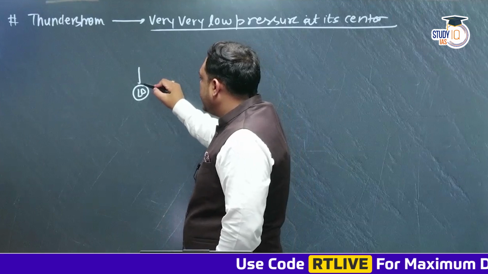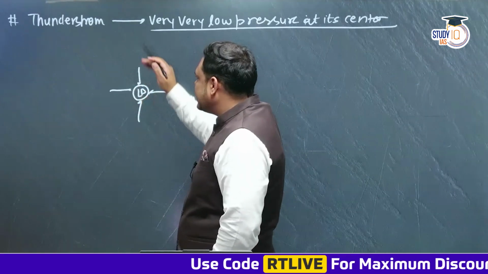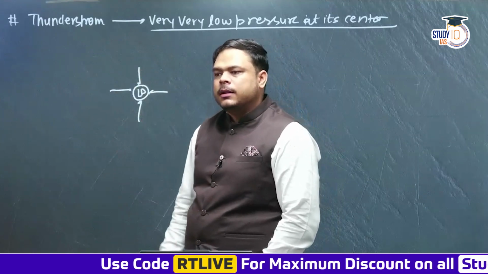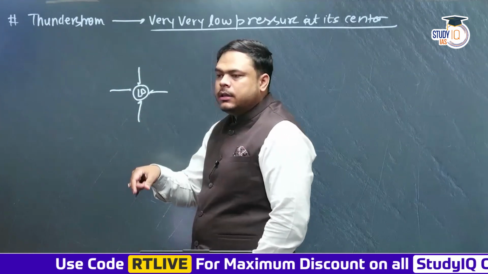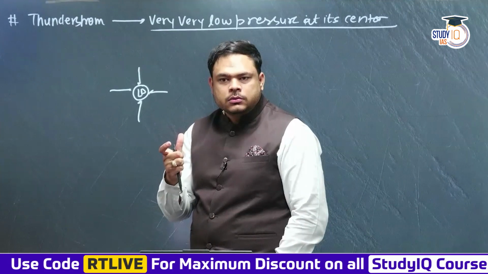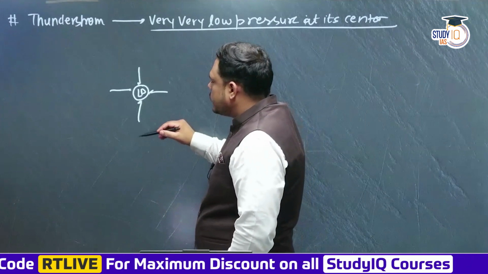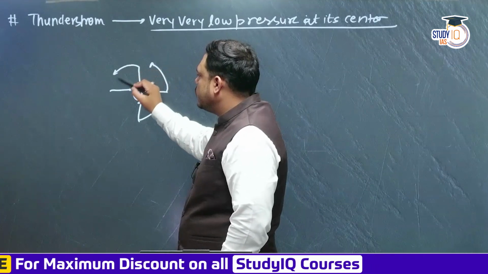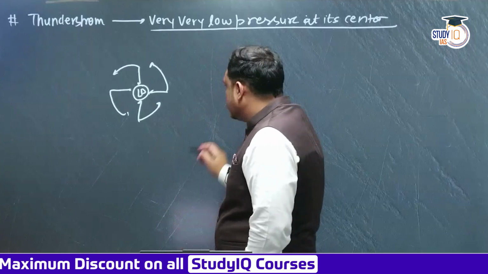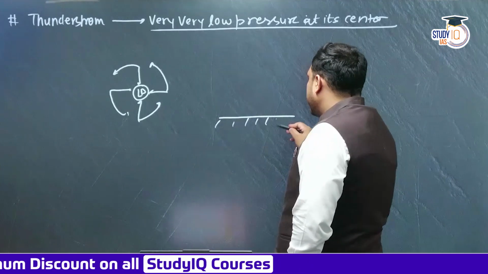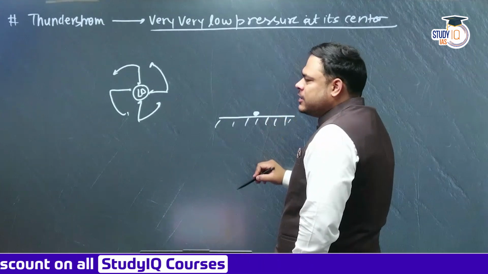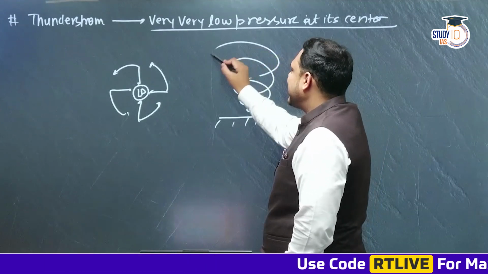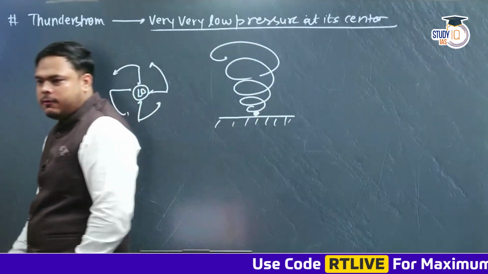The wind is going to come in, and if such kind of thunderstorms are generated in temperate region during the summer month, what will happen? In temperate region, there will be more Coriolis force. Yes or no? Yes. Then what is going to happen? Deflection towards the right. So on the land, if such kind of thunderstorm has very low intense pressure, there will be a cyclone like formation, but smaller, very small.